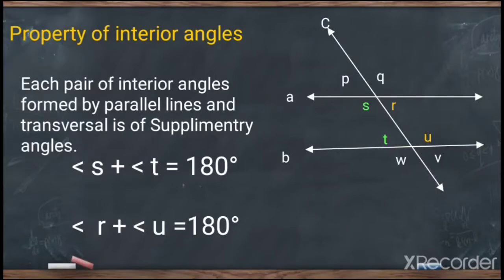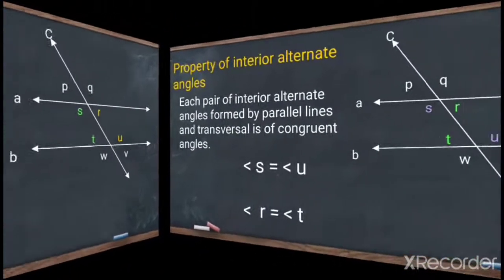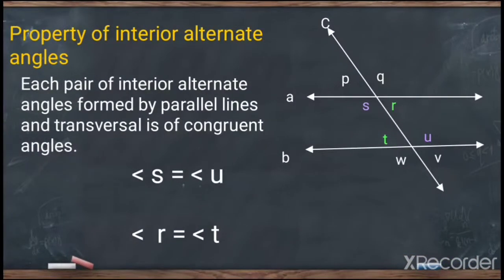Next, see the property related to exterior alternate angles and interior alternate angles. Here, this angle Q is congruent with angle S. Both are opposite angles. Angle Q is congruent with angle U, corresponding angles. So in both equations, angle Q is the common term.